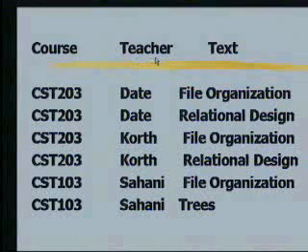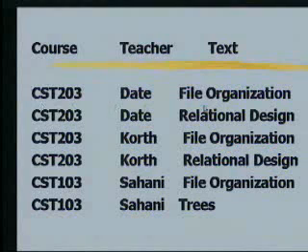What we are trying to say here is we have the same problems once again. The FDs are constraints, and there is no FD in this particular relation. Why is there no FD? You will find that course, teacher as well as text, all of them combined together form the key.